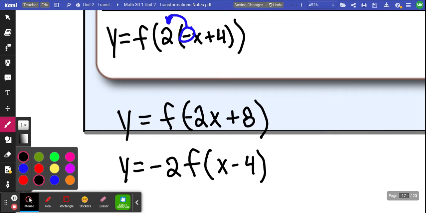In function notation, when it's in the brackets like this, there is no way to bring it outside the brackets. I am saying that this is part of the function. That is taking it outside the function, which is not even possible at all. So anytime you see values in here in function notation, they're stuck in here. There's no combining them with k values or a values or anything like that.